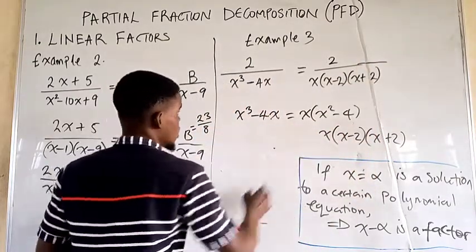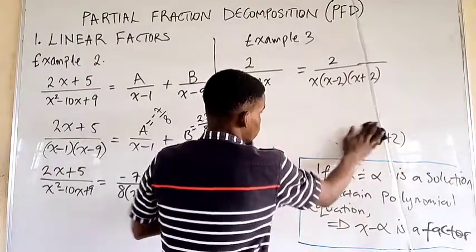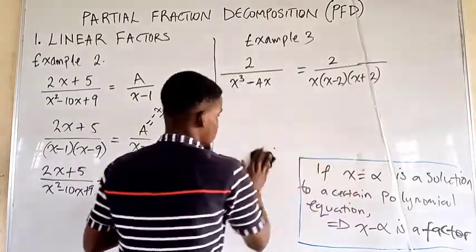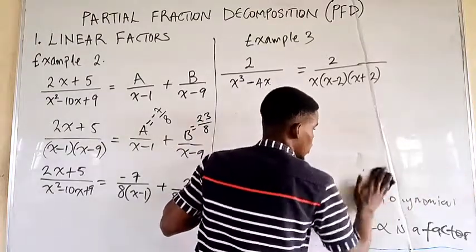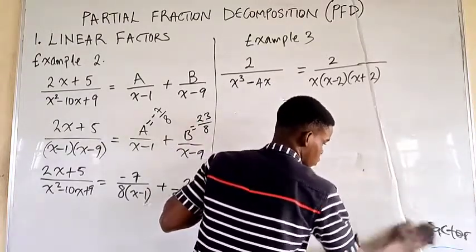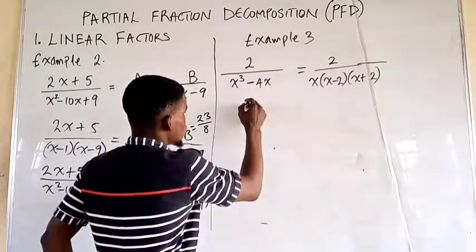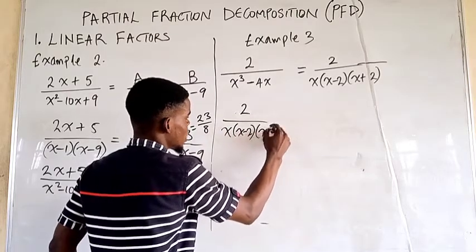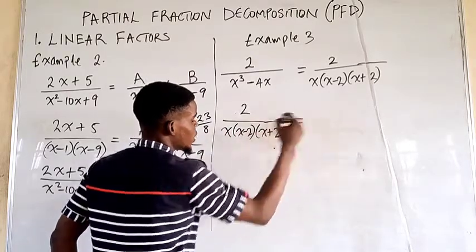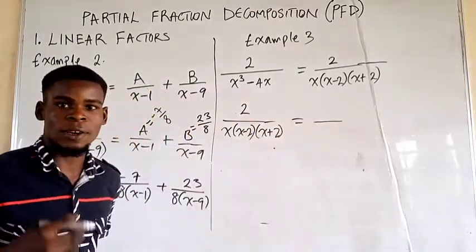I'll be working with this new expression, but they are the same. Just that one gives us linear factors, which we want to work with. Since that is the case, 2 over x times x minus 2 times x plus 2 can be written as, well, these are now 3 factors and all of them linear.